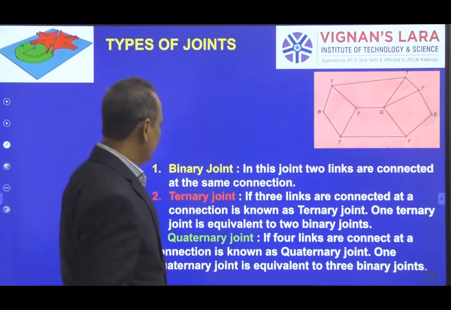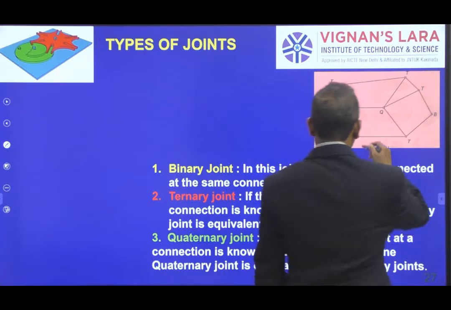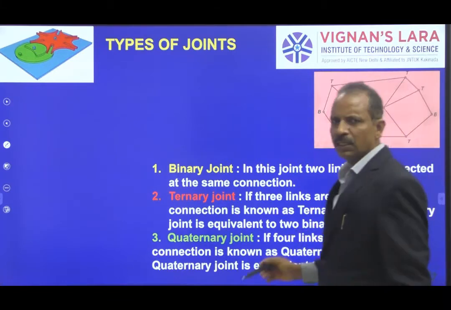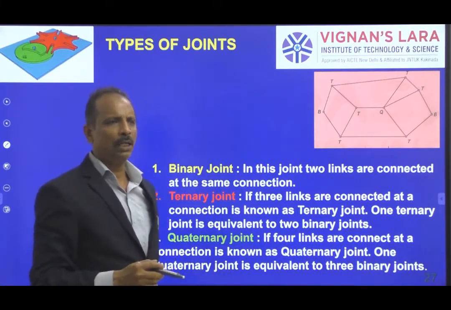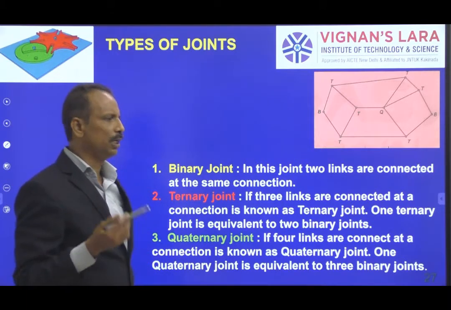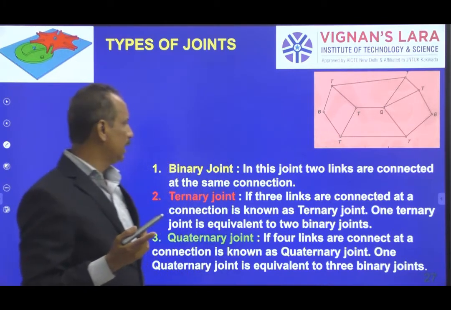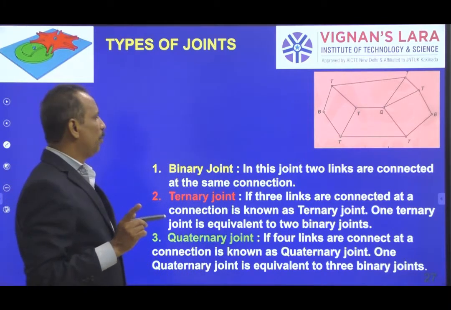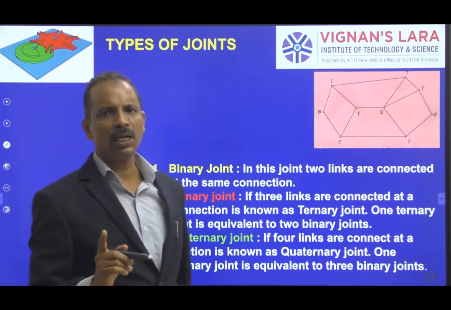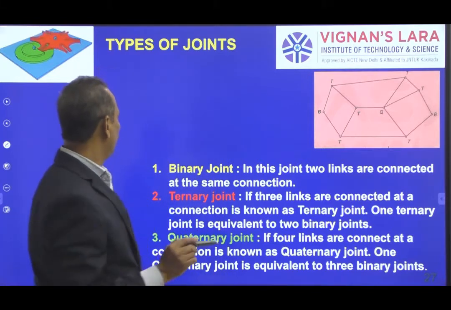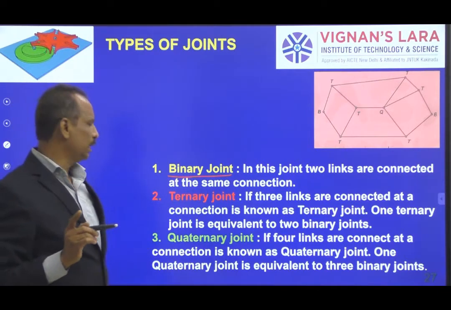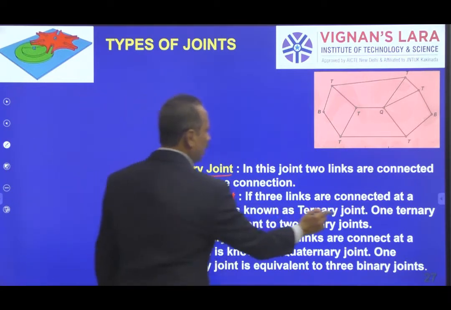Let us see. Here I have shown an assembly of linkages. Various links are shown, which consist of various joints named binary, ternary and quaternary. If two links are connected at one location, it is called a binary joint, because the name itself says binary, two. In a similar way, if three links are connected at one connection, it is known as a ternary joint.